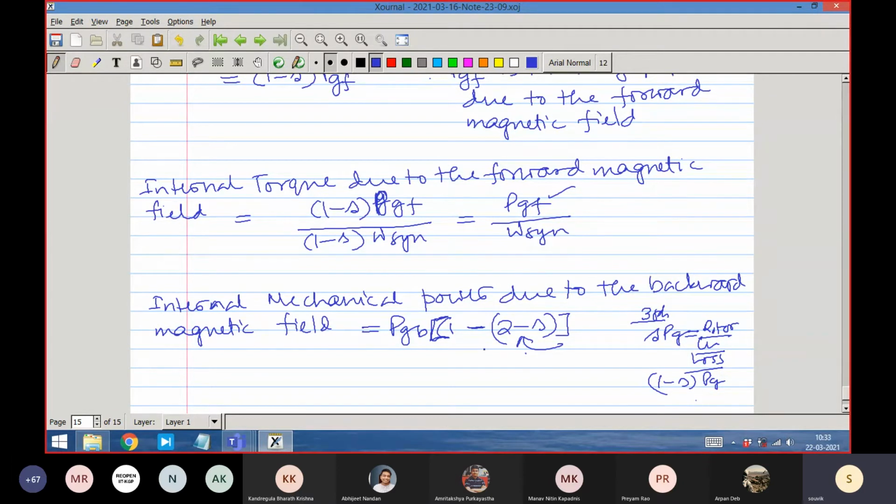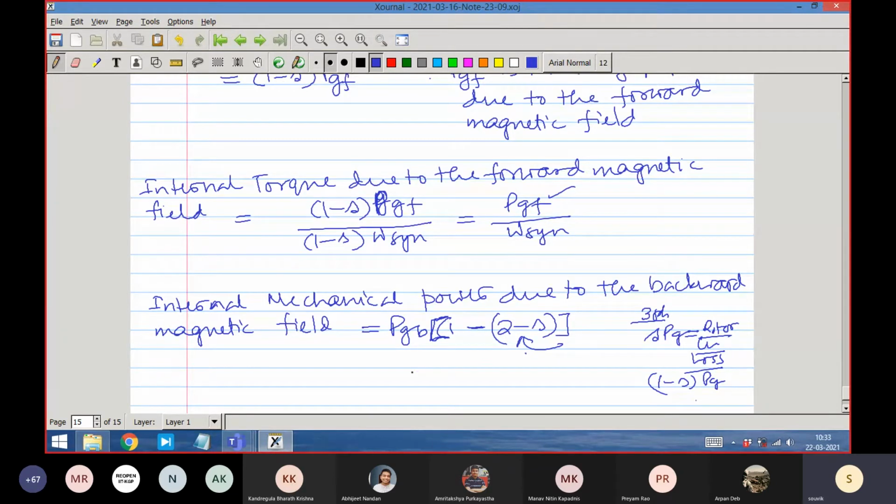Therefore, the internal power. After that we normally deduct the friction, windage, etc. But before friction and windage, before all those small non-idealities, the internal mechanical power that is available due to the backward magnetic field is this much.